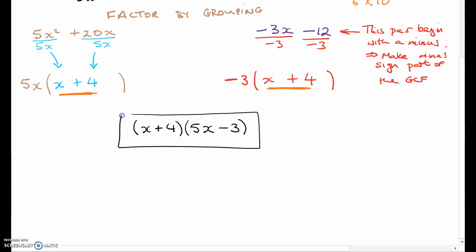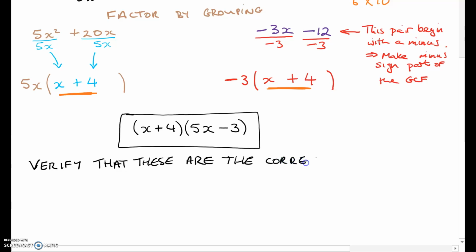Now you can verify, which is basically another word for check, that these are the correct factors using Euler distribution. How do you know whether you're correct or not?